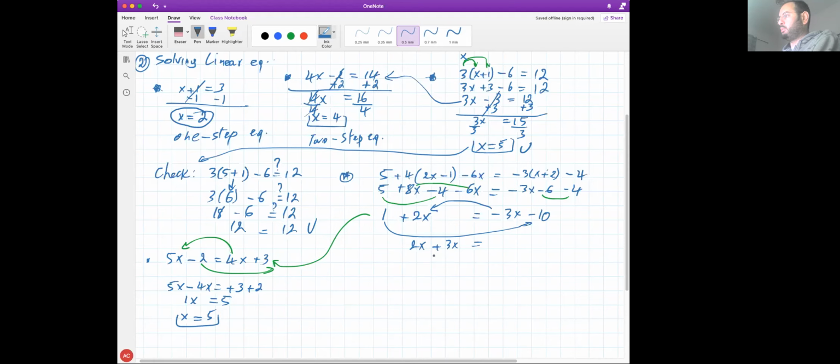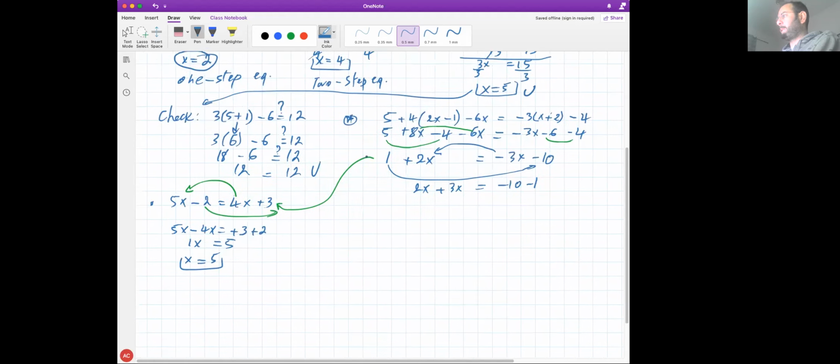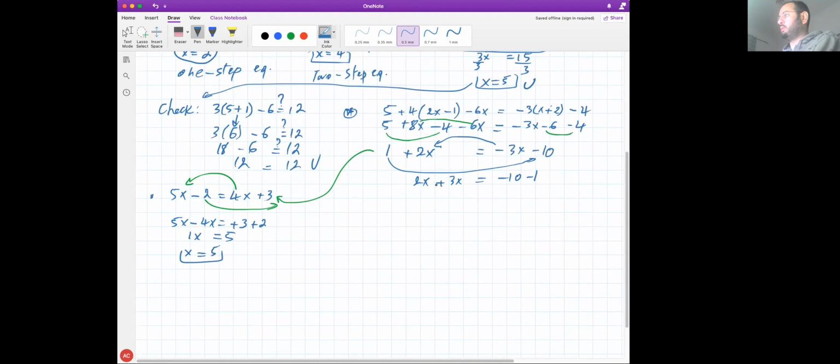That's right. So this is a positive 1. It moves to the other side and becomes negative 1. This negative 10 stays the same. The 1 moves over, becomes negative 11. So we're going to combine these. So that's 5x and minus 11.